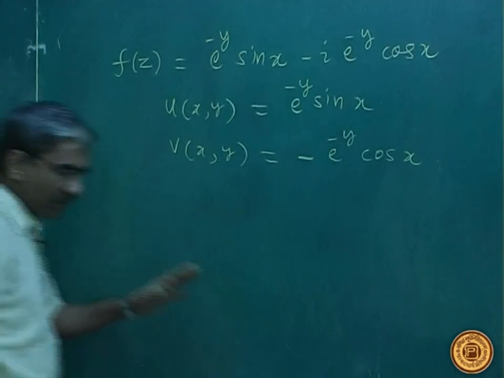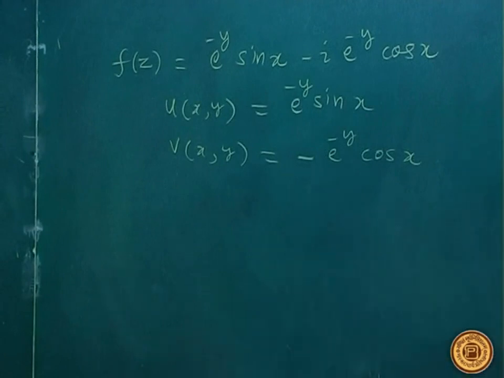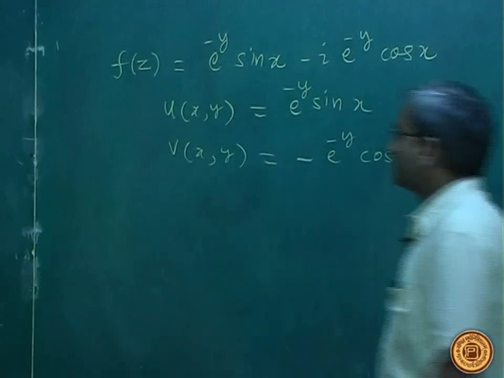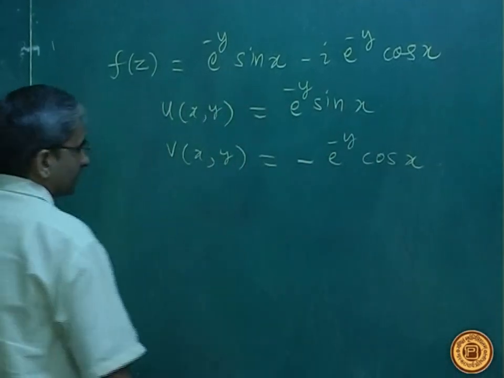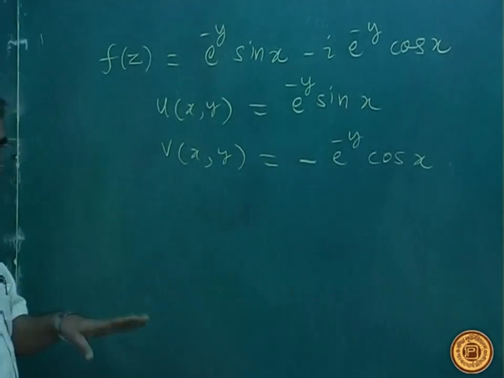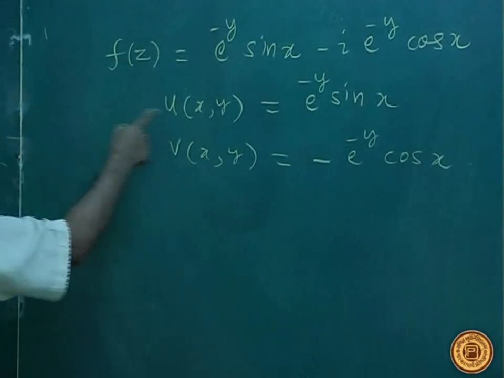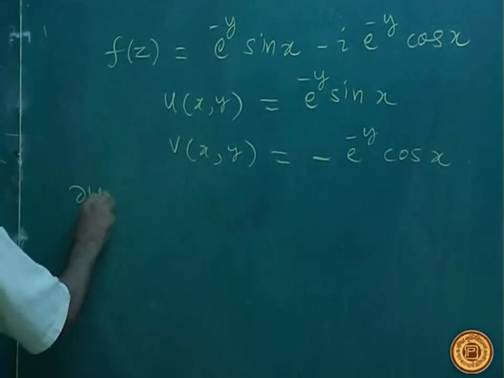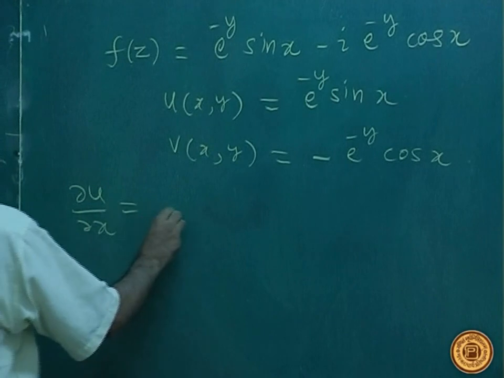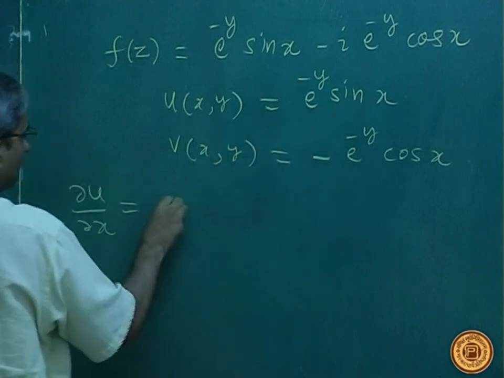Now we know the necessary and sufficient conditions for analyticity. That means first of all we have to check the Cauchy-Riemann equations. Wherever the Cauchy-Riemann equations are not satisfied, there is no question of differentiability. So let us first of all find the first order partial derivatives. What is del u by del x? This is sin x, so e raised to minus y cos x.